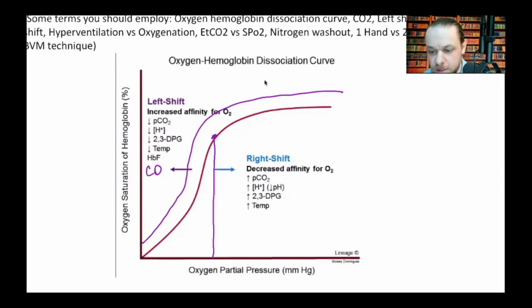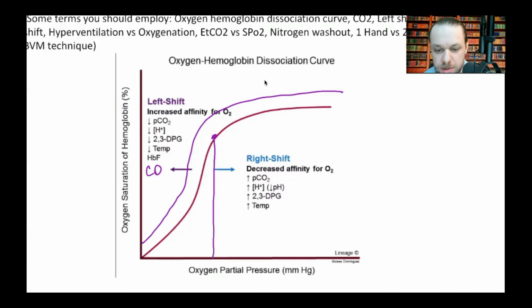Yeah, you may entrain air and increase pressure there, but the problem is you left shift them, and they need all the oxygen they can get, especially for a brain injury, right? I don't want to make the hemoglobin into the relaxed form, and I don't want to blow off their CO2 excessively. So it's not per se so much the worry of the rapid ventilation.